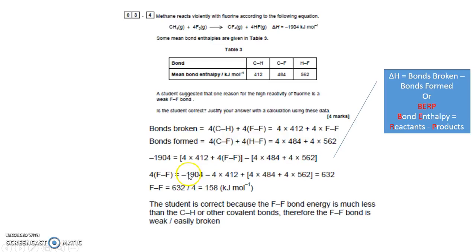So it equals 4 times 412, add 4 lots of F to F bond, we don't know that, take away 4 times 484, add 4 times 562.